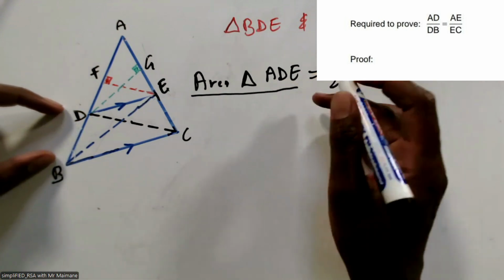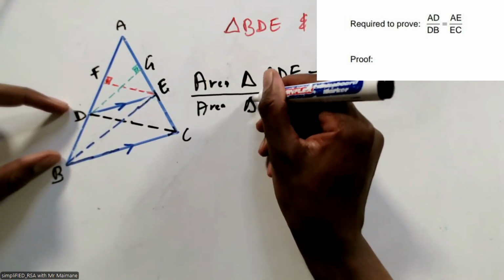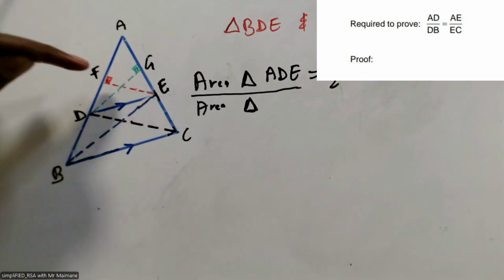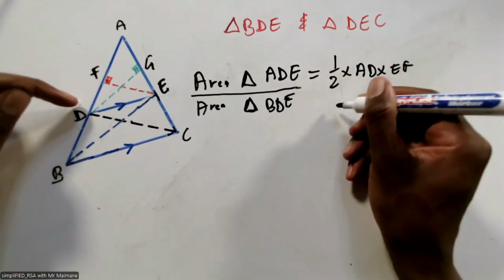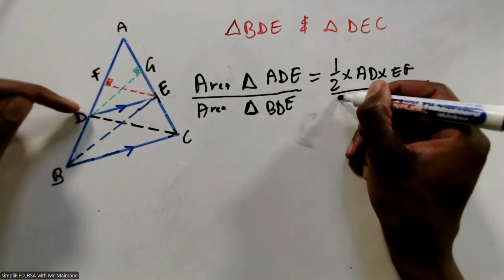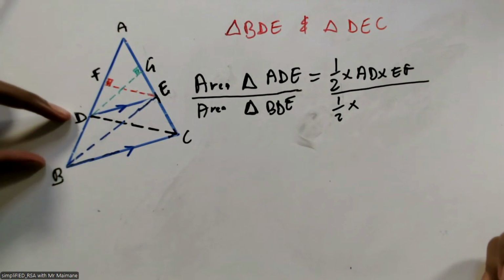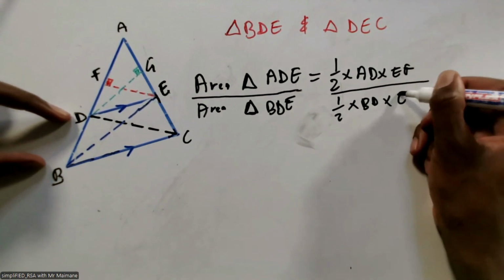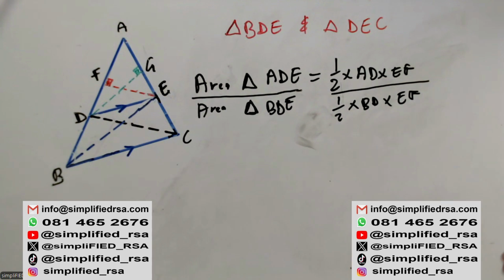So if I proportion this to the area of triangle BDE, because it shares the same height as triangle ADE, this is going to be over 1/2 times the base for triangle BDE, which is BD, times EF, because the height is EF as well.